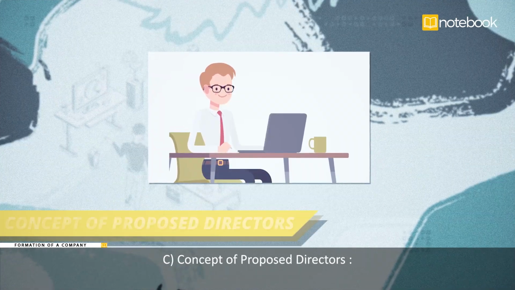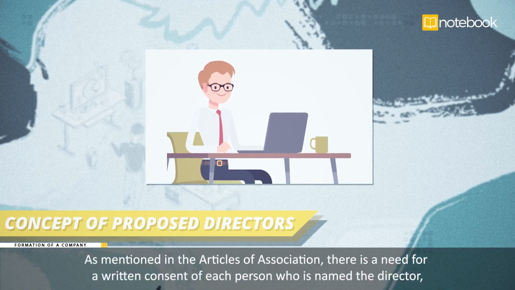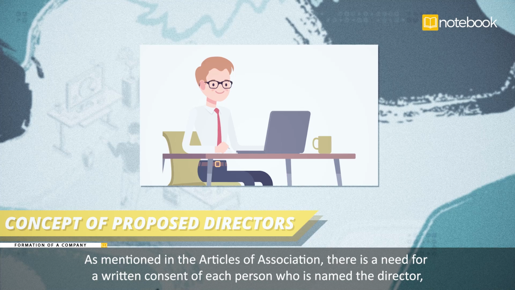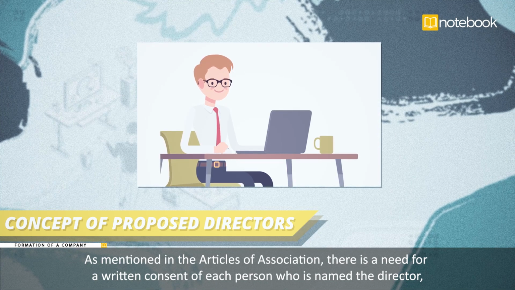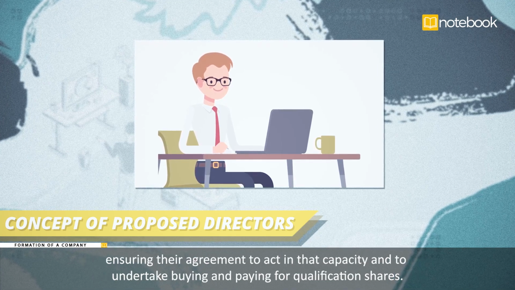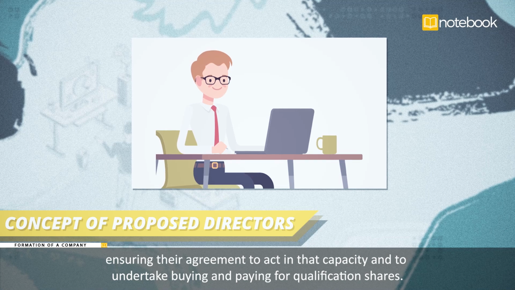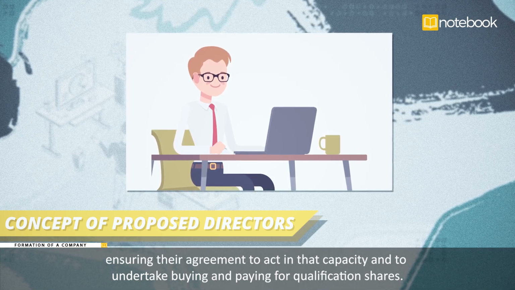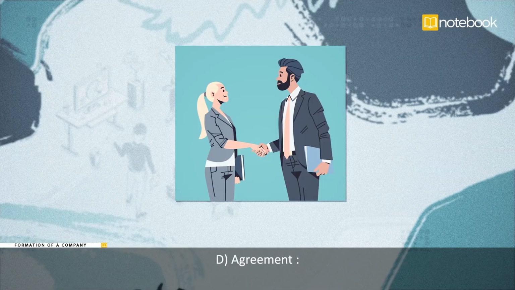Concept of proposed directors. As mentioned in the Articles of Association, there is a need for a written consent of each person who is named as a director, ensuring their agreement to act in that capacity and to undertake buying and paying for qualification shares.